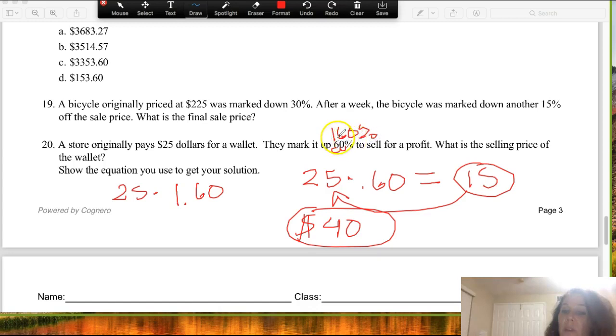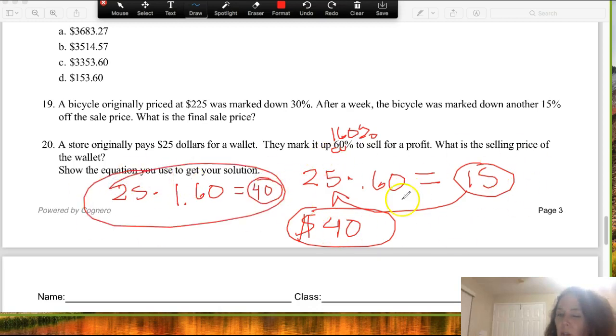Move it over 2 decimal places, 1.60. So this would cover 100% and the extra 60%. So instead of going 25 times 60, finding my amount and adding it back to 25, I just go 25 times 1.6 or 160%. And that's going to give me $40. So this is the quicker way to do it.